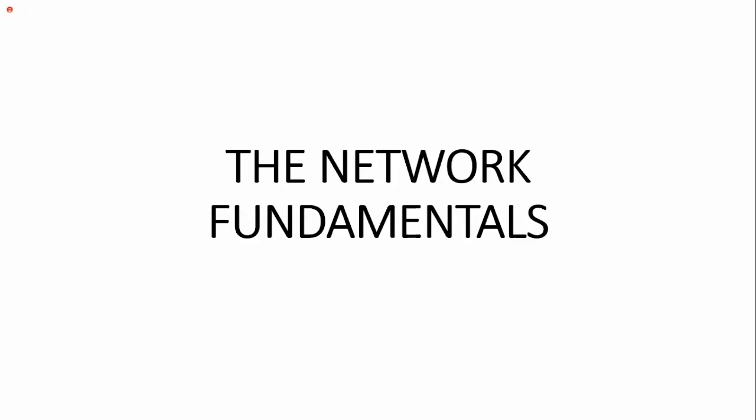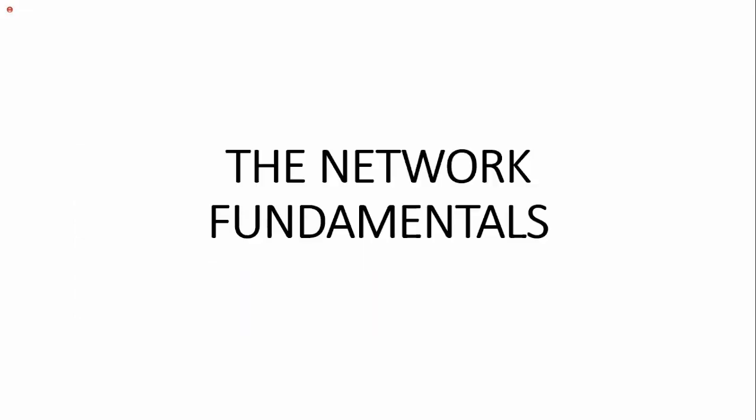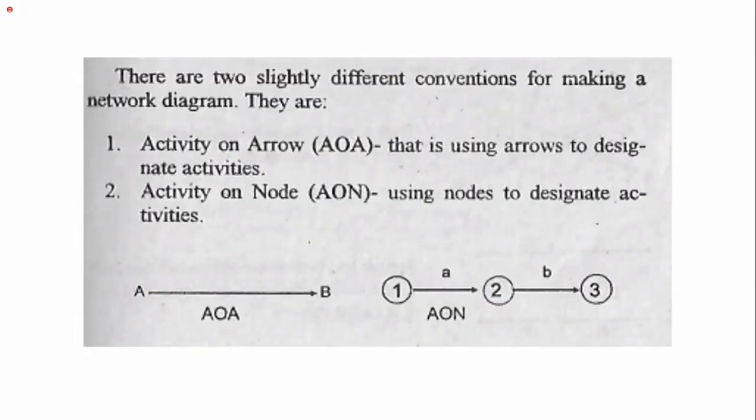So let's have the network fundamentals. So this would be the start of magbuhat na ta og network diagram. There are 2 slightly different conventions for making a network diagram.